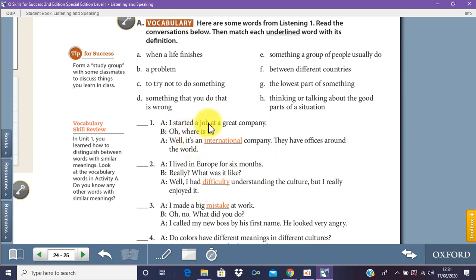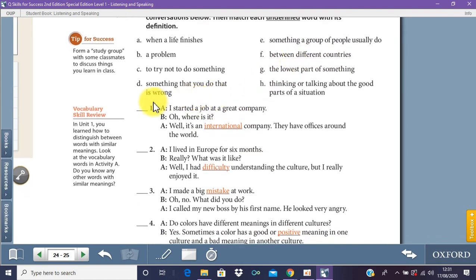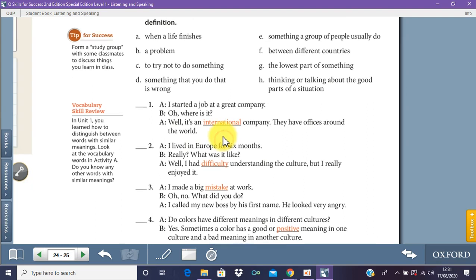I started a job at a great company. Oh, where is it? Well, it's an international company. They have offices around the world. Okay, so international, if you read a dictionary or you can use Google, is different between different countries. F would be here. Number 1 is international.